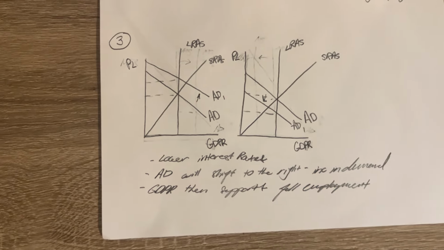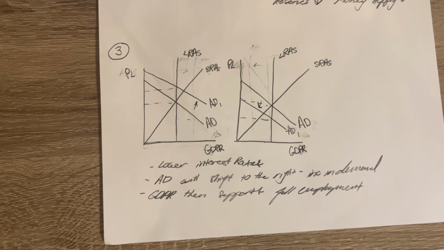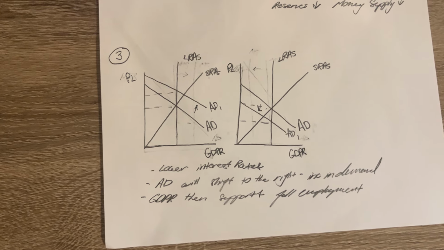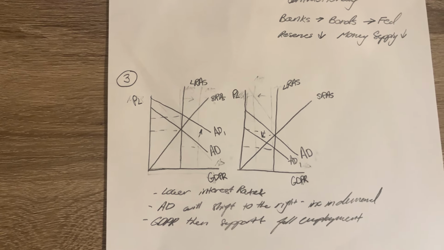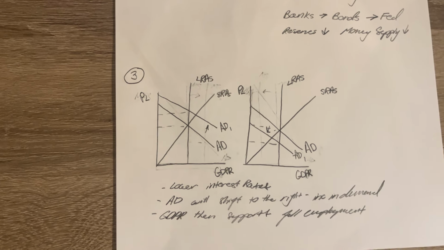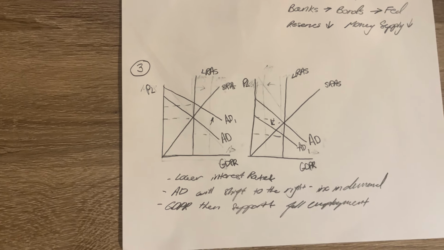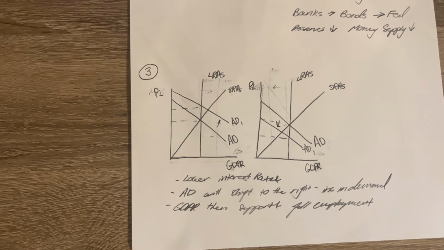This is present because of lowering and raising interest rates. So aggregate demand will shift to the right, which overall just increases demand. And then real GDP will eventually stay in the middle ground and support full employment.